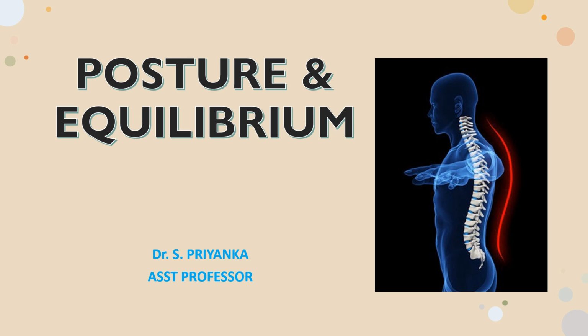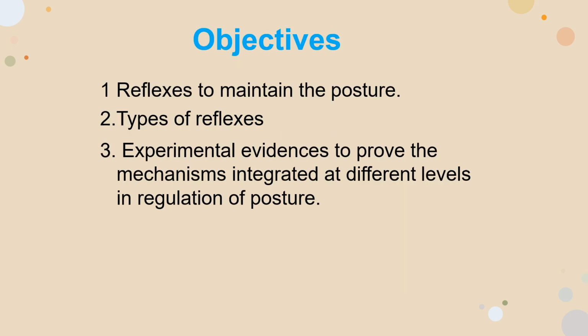The first two take place in the cerebellum and basal ganglia, and postural adjustments provide a stable background for movement. For movement like walking, the postural adjustments are made continuously. So these three are the important functions of supraspinal centers.